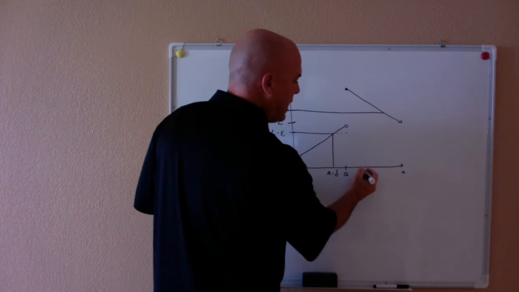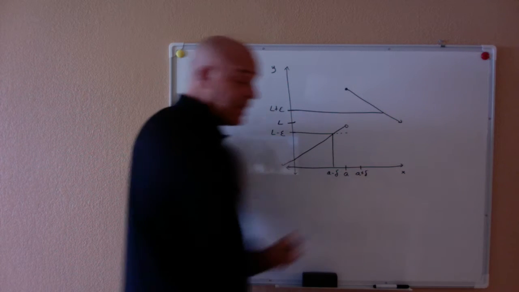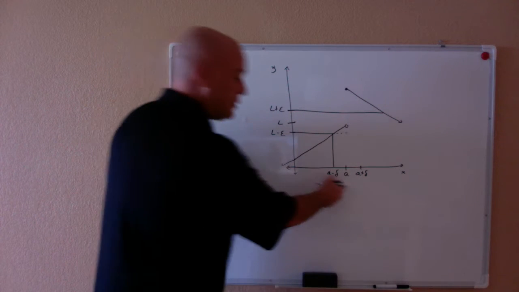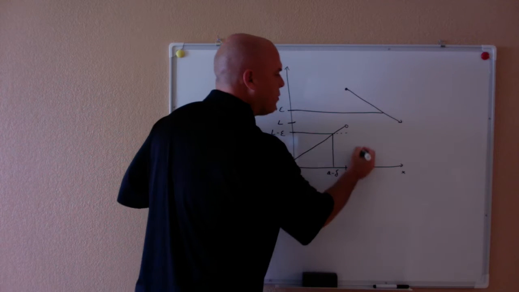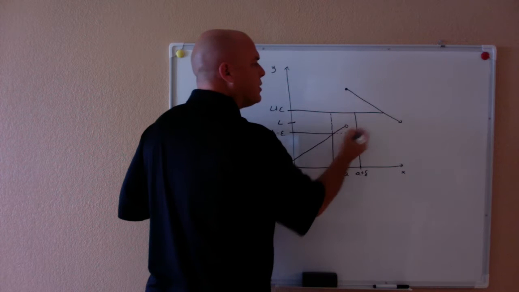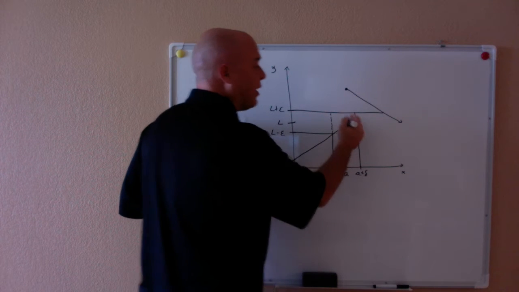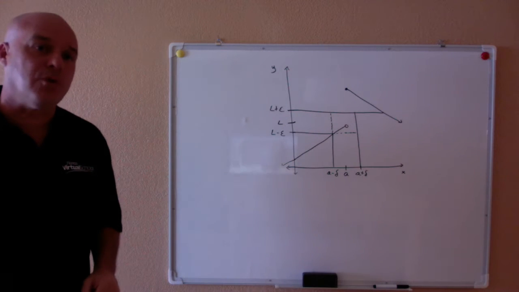But if I go the same amount over on the other side, A plus delta, because I can't change the delta value here. If I'm delta units away on this side, I can be delta units away on that side. When I draw in the rest of my box, notice that now I've got pieces of the function that are outside of my box. And so that means that this was not the correct limit.